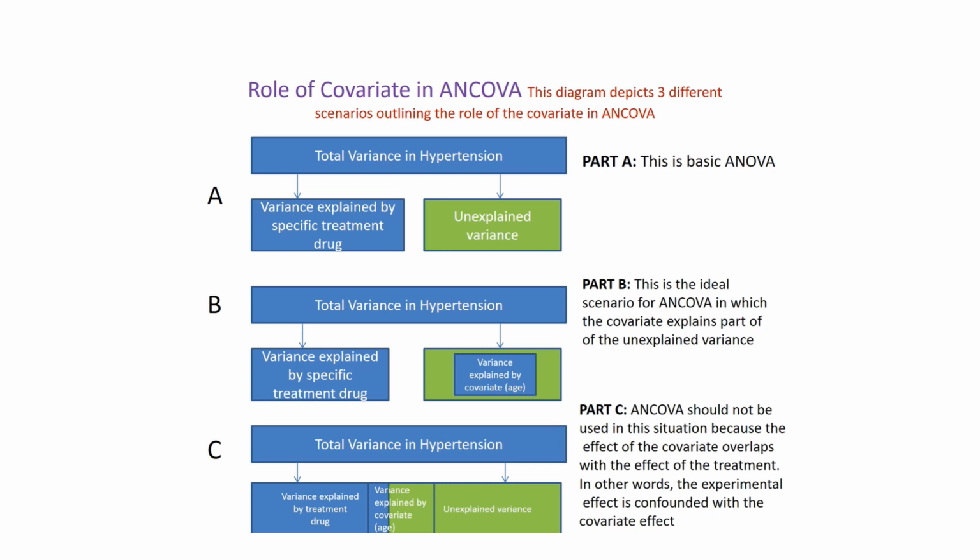From this we get interpretation complexity: if the drug treatment is found to have a significant effect on reducing blood pressure, it could be challenging to determine whether this effect is solely due to the drug's efficacy or partially influenced by patients' initial blood pressure levels. So the overlap of effects complicates the interpretation of the results, which is why ANCOVA is not suited for this type C scenario.